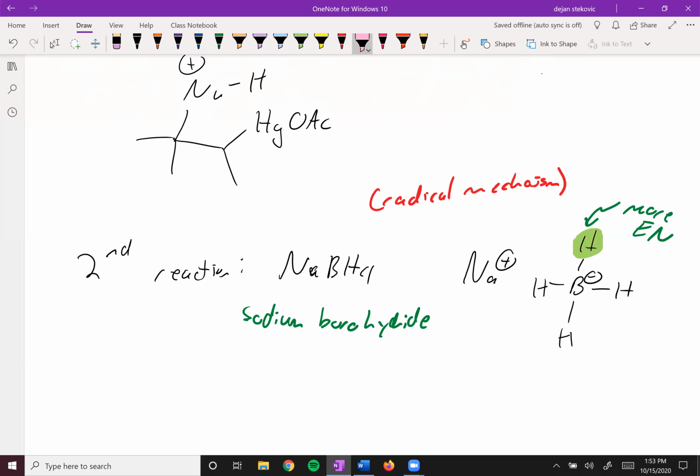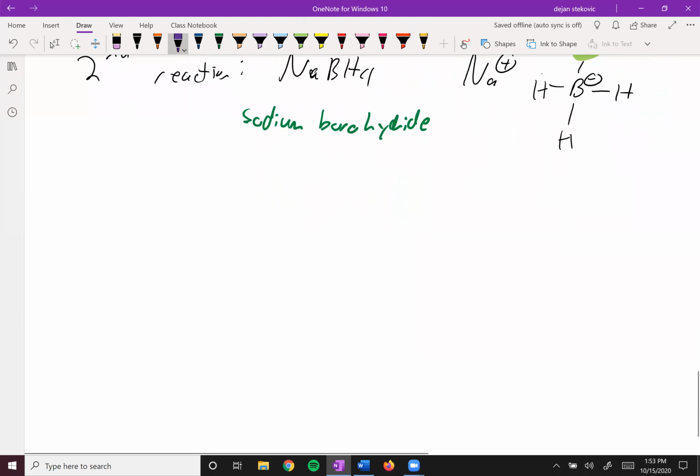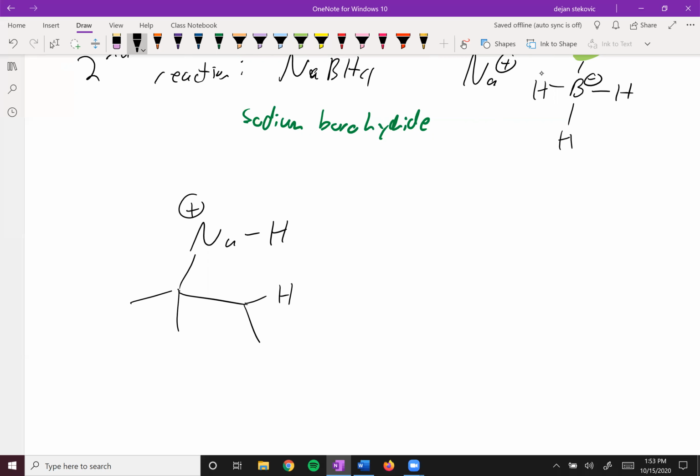But basically what's going to happen is we're going to kick off this mercury and add a hydrogen in its place. And so our end product here will be our nucleophile with its H on it. And then we just popped off that mercury and left a hydrogen here instead.